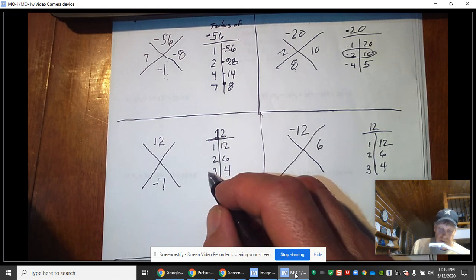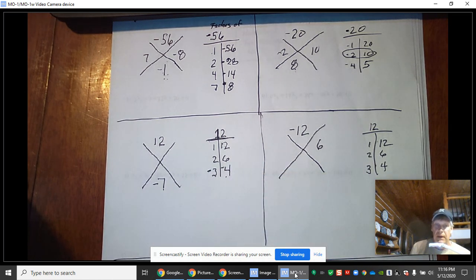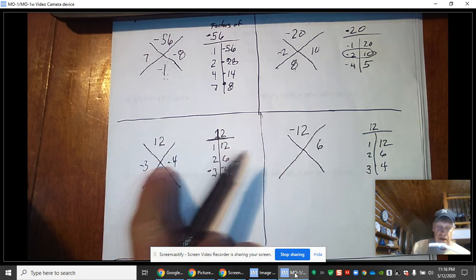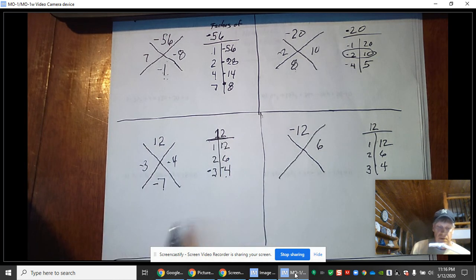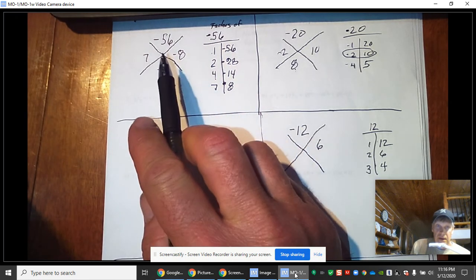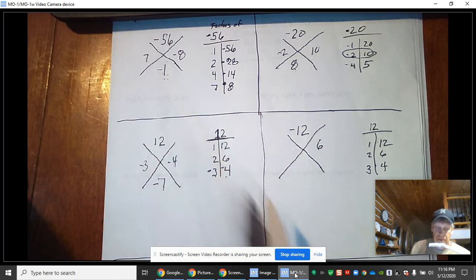Well, that's 7. But to make it negative, they both have to be negative. Remember, a negative times a negative does give me a positive. So again, if this is positive, I add them up. If it's negative, I'm going to end up subtracting them to get this number right here.